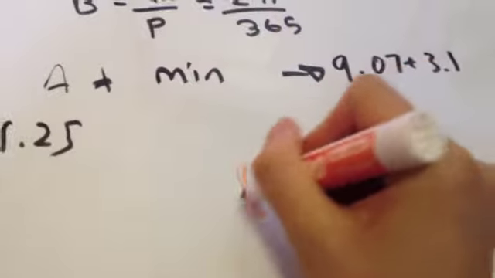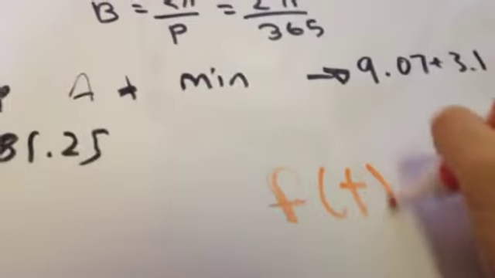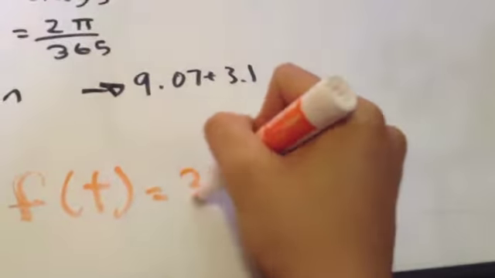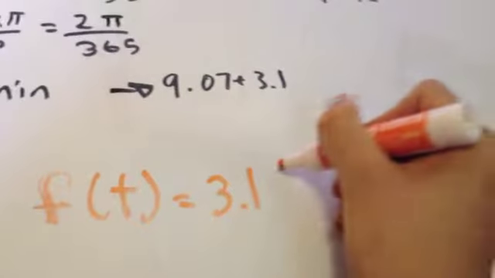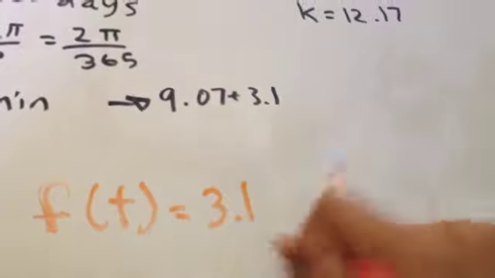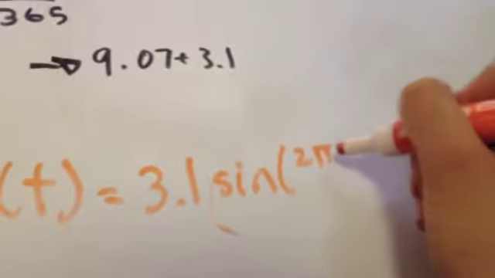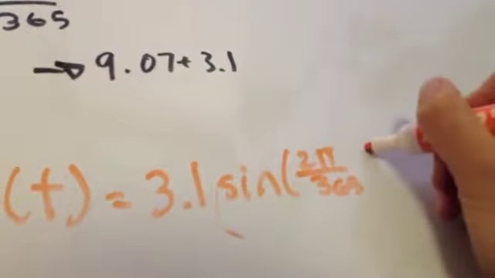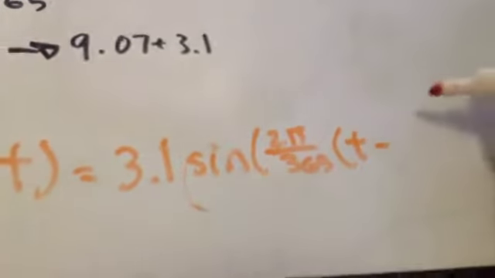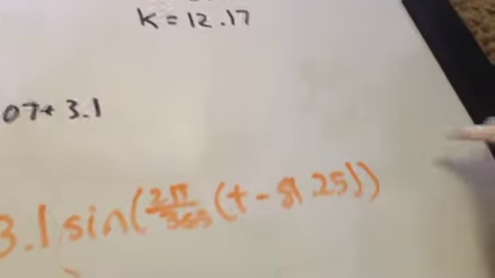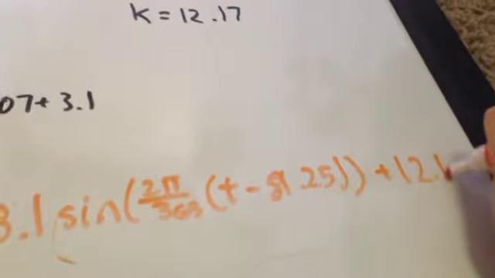So our final equation is going to be f of t equals A, 3.1, times 3.1 sine B, 2 pi over 365, times t minus h, 81.25, close brackets, plus 12.17.